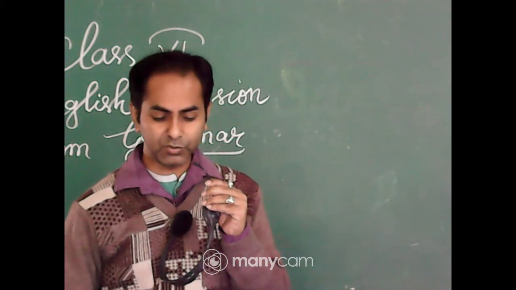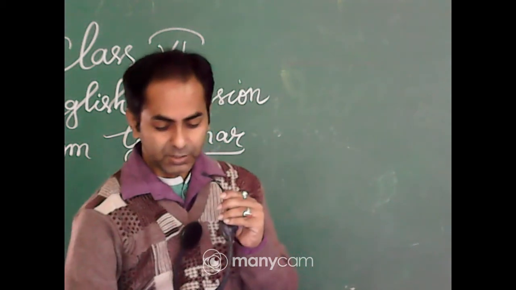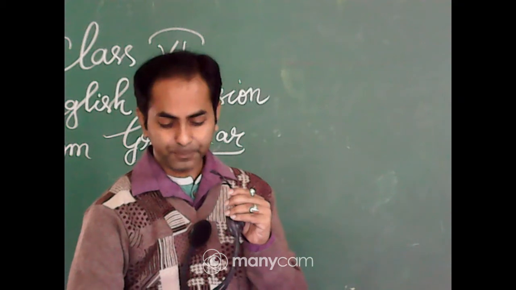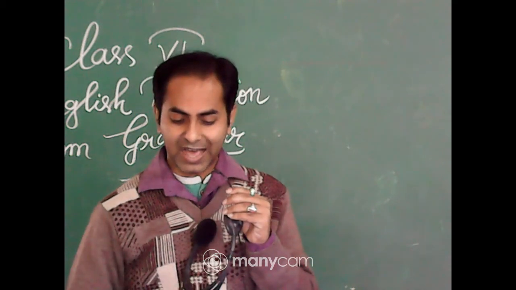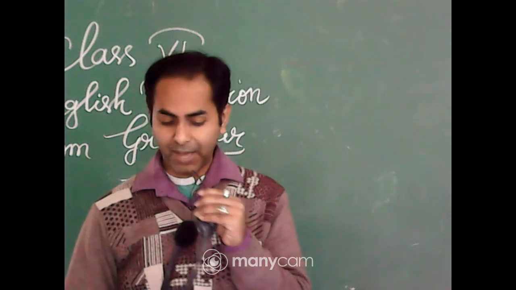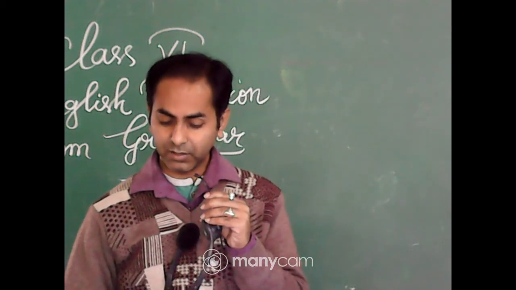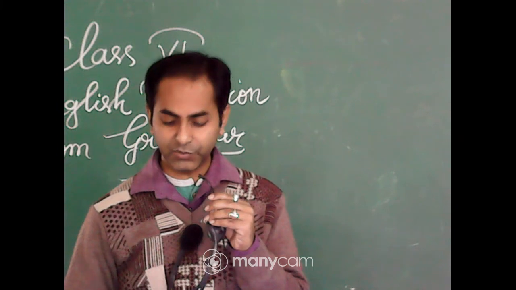So we have come to know that in case of future perfect tense we have to use BEEN, like Rita will have learned the poem by evening. The poem will have been learned by Rita by the evening. So here we are using BEEN.